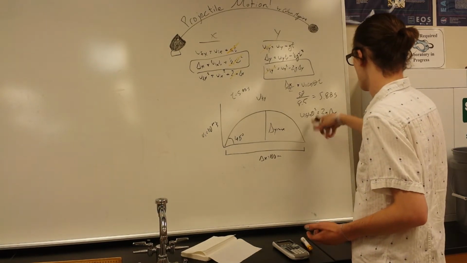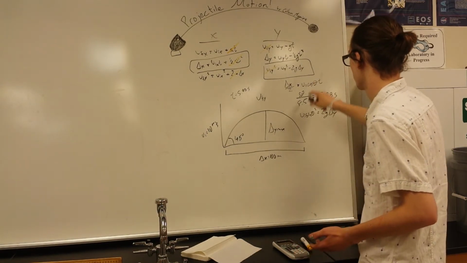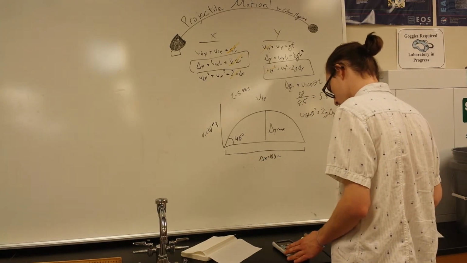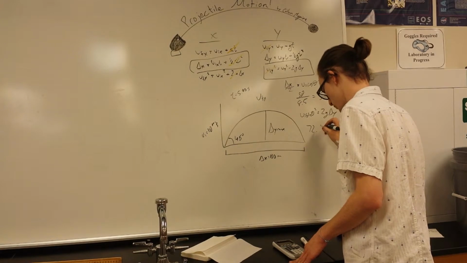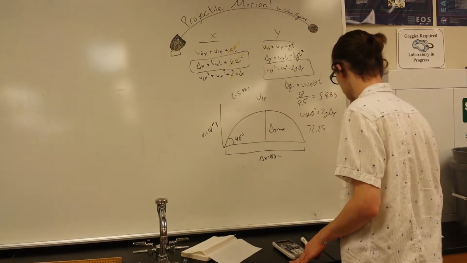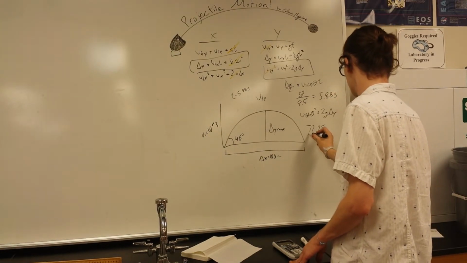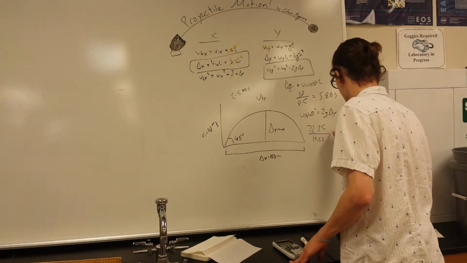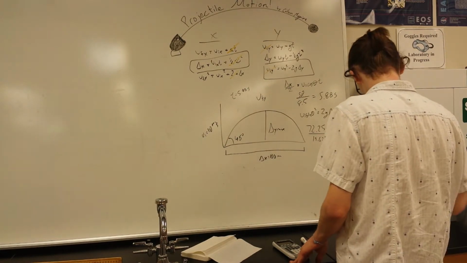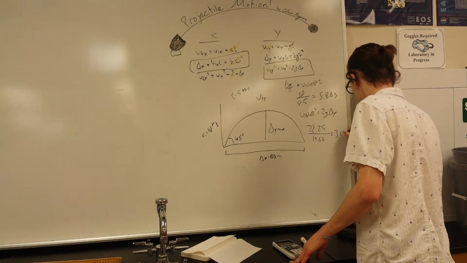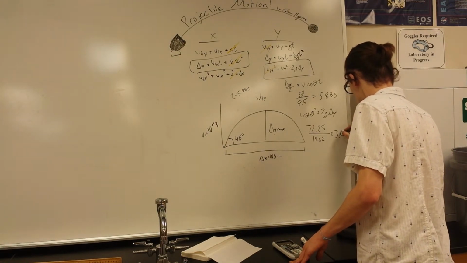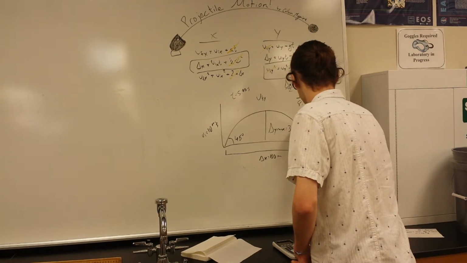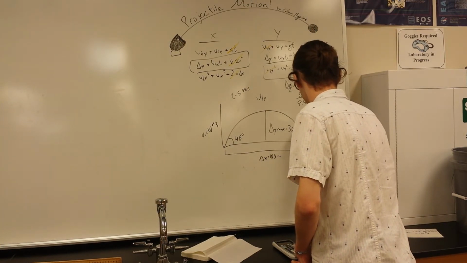So this and this, for this case, equal the same thing. Squared, that should be 72.25 divided by 19.62. Should equal 3.68. Seems a little small, but that's what it is for this example.